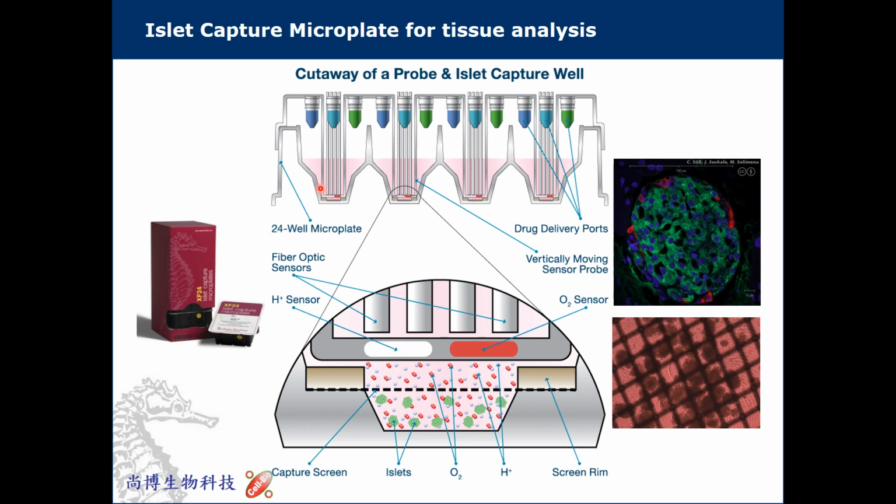Then we lower down the cartridge to use a fluorescence sensor to measure the OCR and the ECAR. But you need to notice we cannot do the drug injection, because the structure of the tissue is too compact, so the drug cannot diffuse very well.